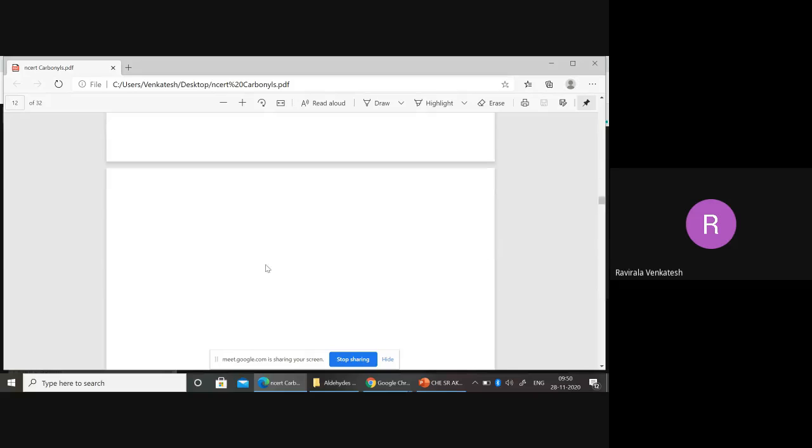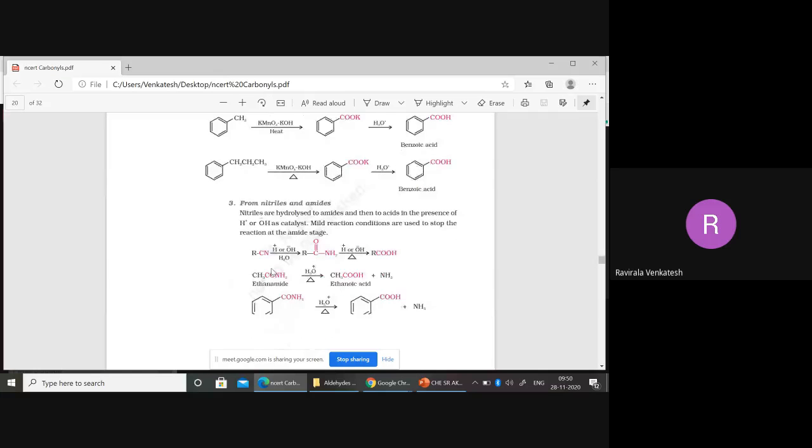Open your textbook and see oxidation reactions. Oxidation reactions, all of you.